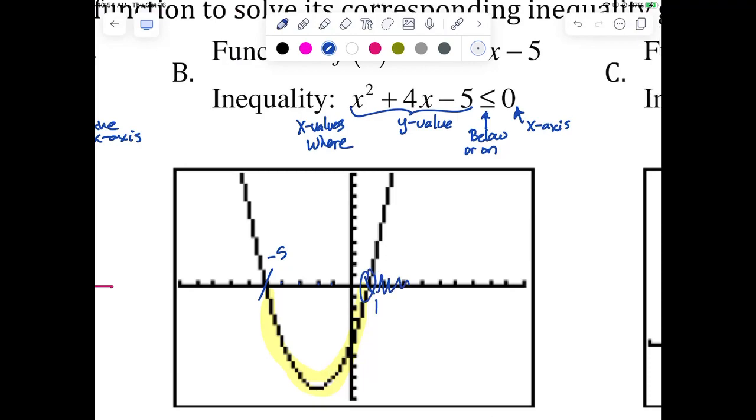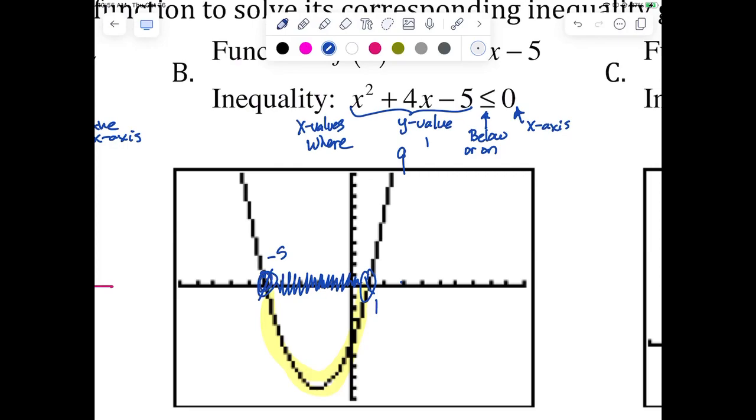Outside, so like over here? For all these values of x, it's below? Oh, no, I see. For outside, it's above, right? Yeah, it's inside. It's between. It's everything between, so it's going to be from here all the way to here.